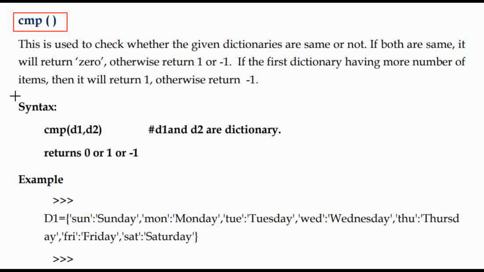Look at the syntax. CMP dictionary 1 and dictionary 2 returns 0 or 1 or -1. Dictionary 1 and dictionary 2 are dictionaries. For example, D1 has Sunday, Monday, Tuesday, Wednesday, Thursday, Friday and Saturday.